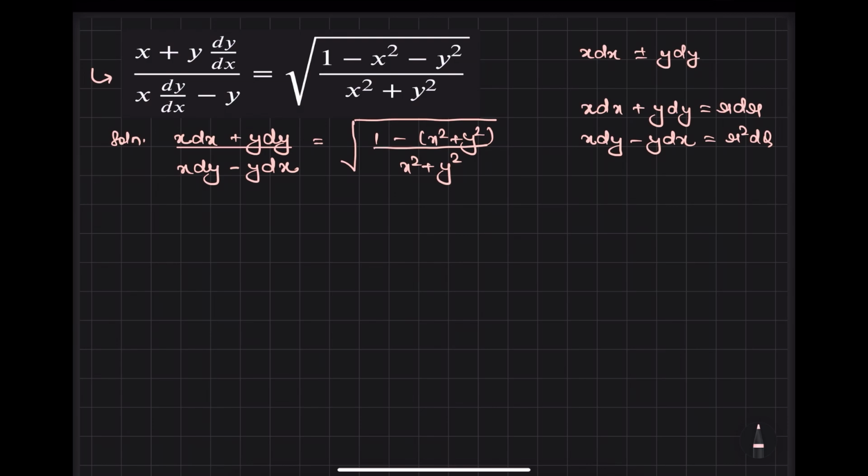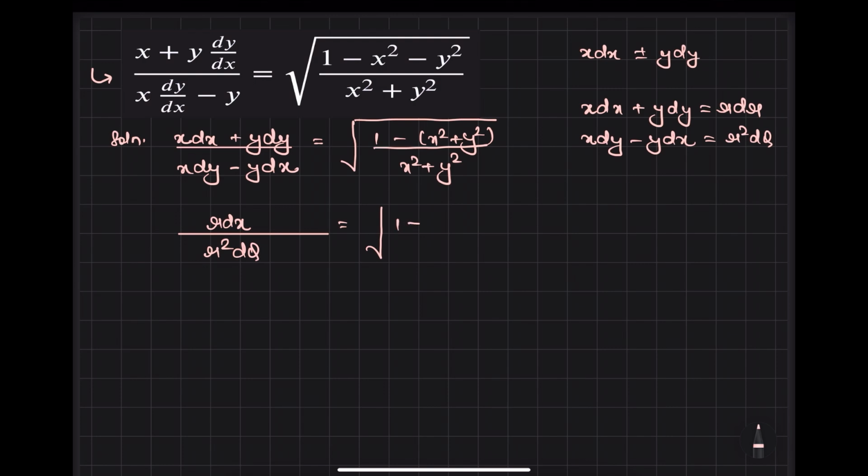Now we will apply this substitution over here. Now the idea is x dx plus y dy is what? r dr. Then we have x dy minus y dx, that is r square d theta, correct? Now we will replace x square plus y square as well.